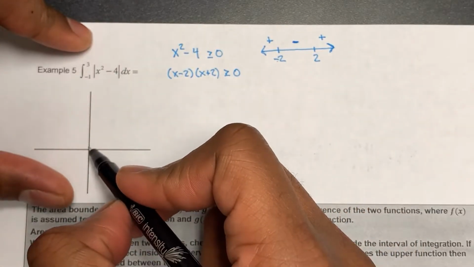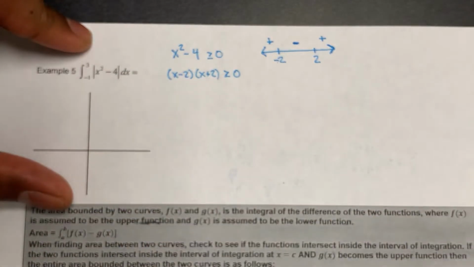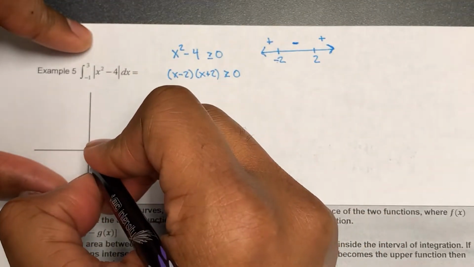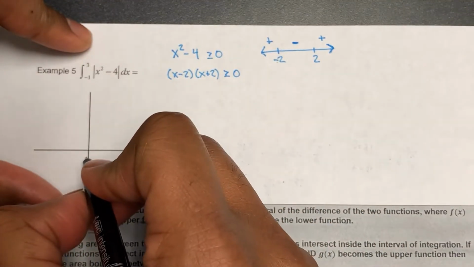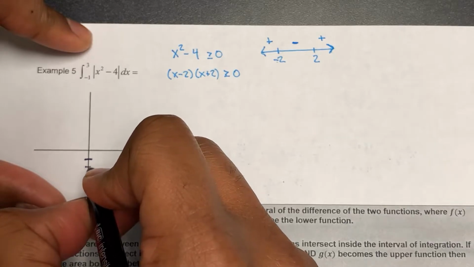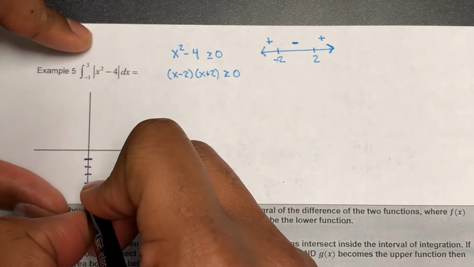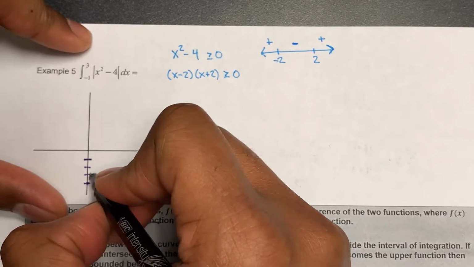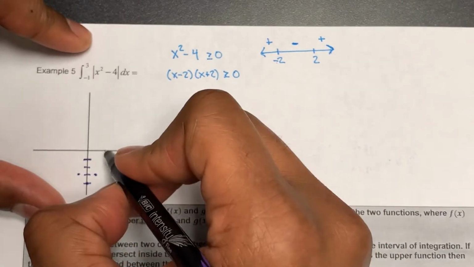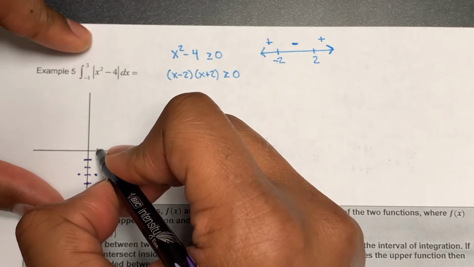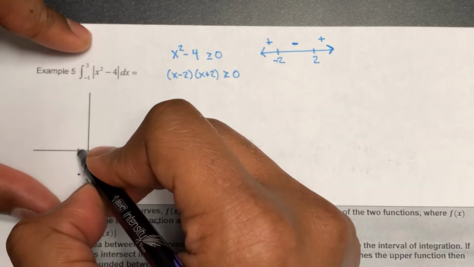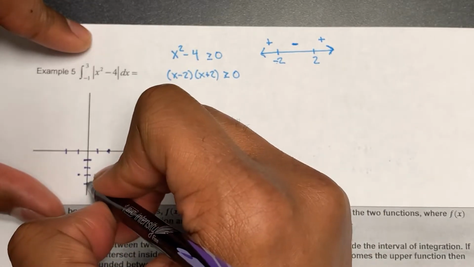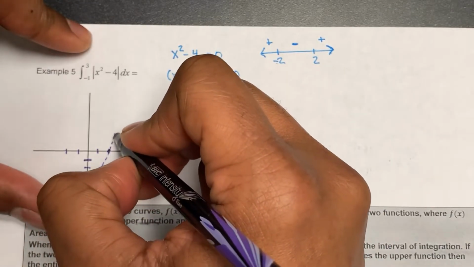The way this function looks is, we'll draw two graphs. So x squared minus 4 is basically a parabola that has been shifted down 4 units. So then we expect 1, negative 3, and negative 1, negative 3, and 2, 0, and negative 2, 0 to be points on this graph.